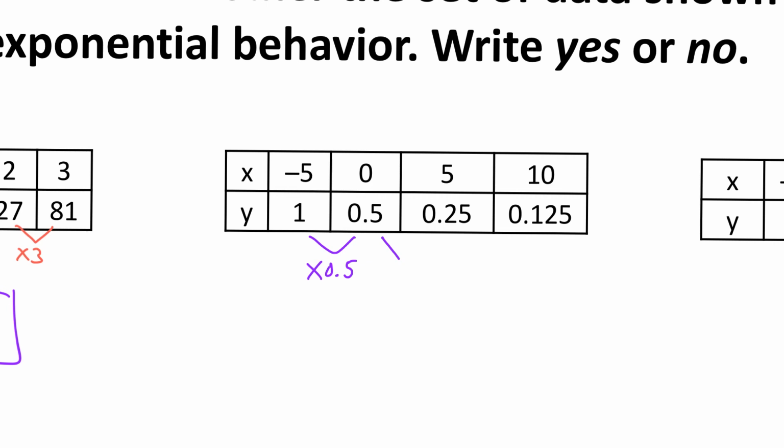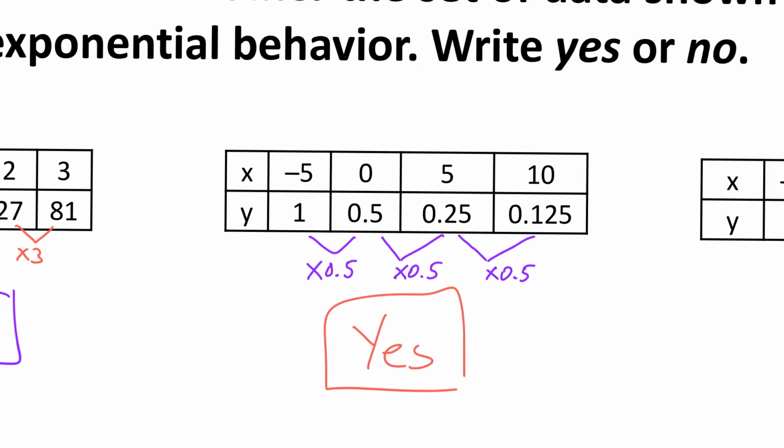And if you multiply 0.5 times 0.5, that's going to be 0.25. And if you multiply 0.25 times 0.5, guess what? It is going to equal 0.125. Now this is using a calculator, but you are multiplying by the same number every time. So what this is telling you is the table is representing an exponential behavior.